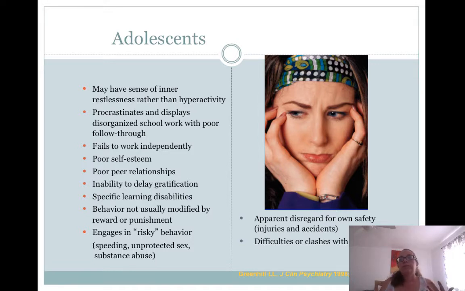Is that ADHD? I don't think so. There's many psychologists who would agree with me that that's just your life has gone in a bad direction. That doesn't really mean that you have ADHD.